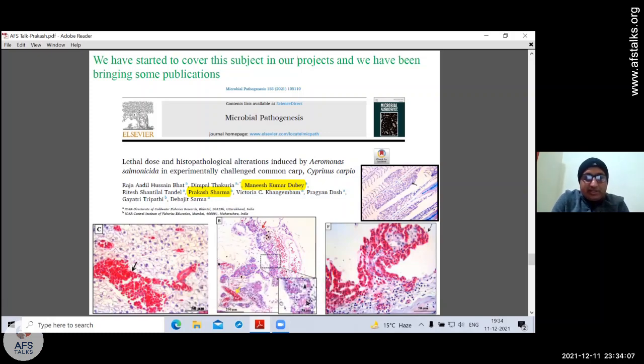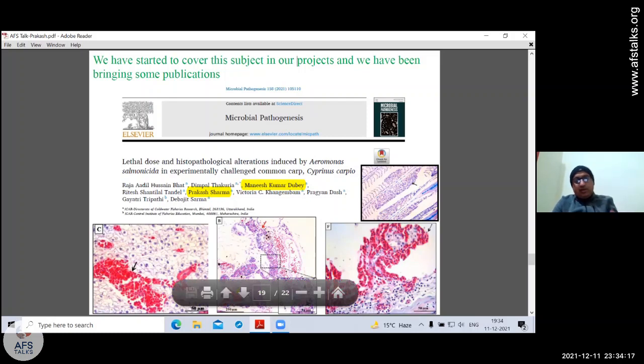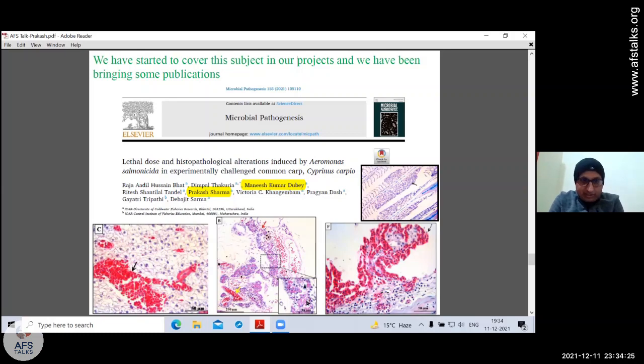When you inject the fish with Aeromonas salmonicida, you can see a kind of degeneration which is linked to the red blood cells. Red blood cells get into the tissue and deteriorate everything, like starting from the red blood cells everywhere in the gut.